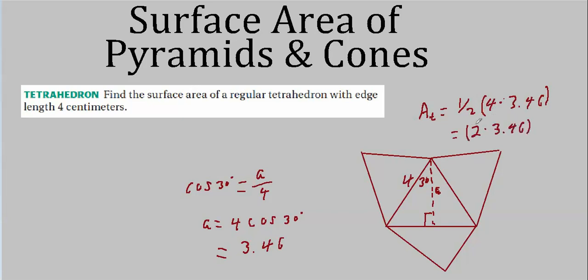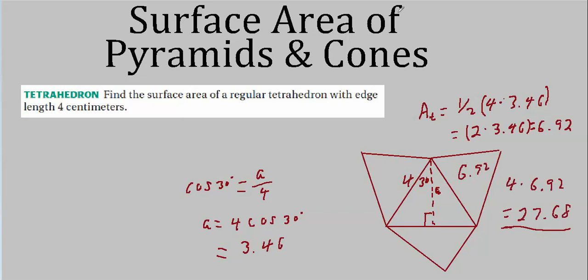And that's going to be 6.9 something, right? 6.92. Sounds about right. Well, there's supposed to be an equal sign in there. How about that? So one of these is 6.92.